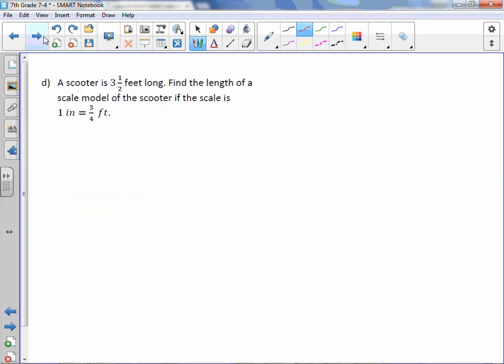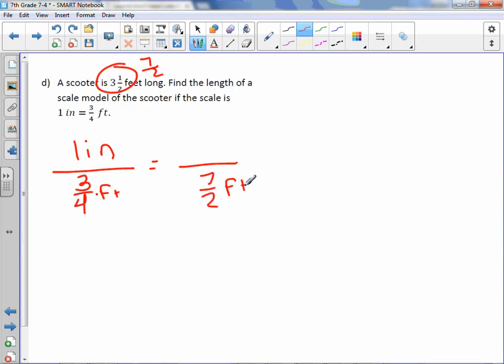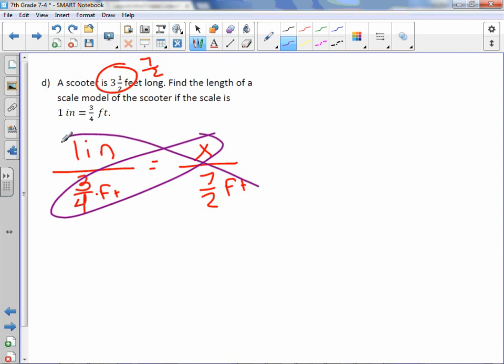A scooter is 3.5 feet long. Find the length of a scale model of the scooter if the scale is 1 inch equals 3/4 feet. So 1 inch over 3/4 feet. We're given the actual amount, which is 3.5 feet, and I'm going to change that to an improper fraction, which is 7/2. So 7/2 feet, leaving our unknown in the numerator. Cross multiply.